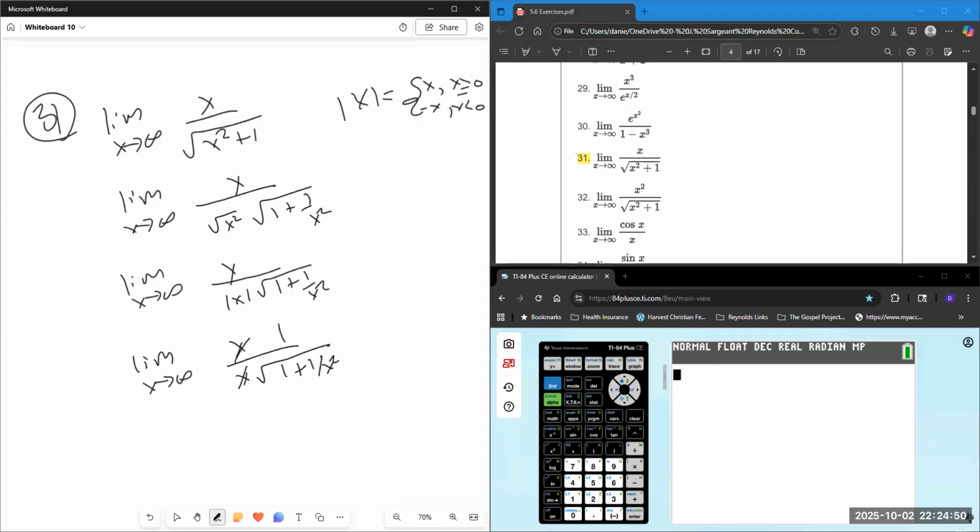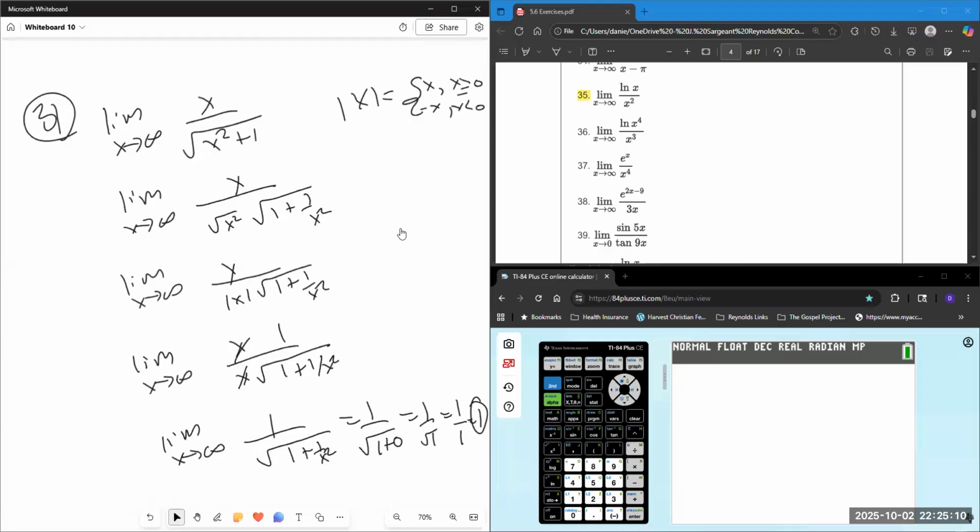And limit as x goes to infinity, 1 over root 1 plus 1 over x squared, 1 over root 1 plus 0, 1 over root 1 is 1 over 1 is 1 for my limit.